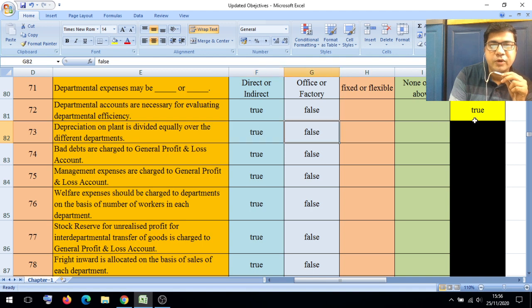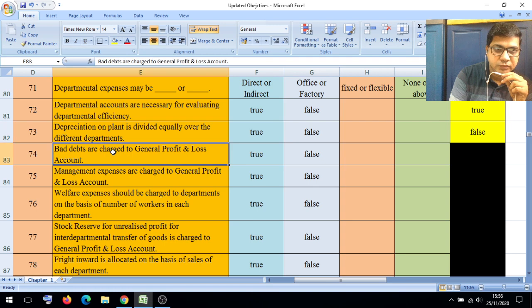True or false? The answer is false. Why is it false? Because the depreciation on a department is not divided equally. Because where this particular plant or asset is located and used, on that basis they will calculate the depreciation.